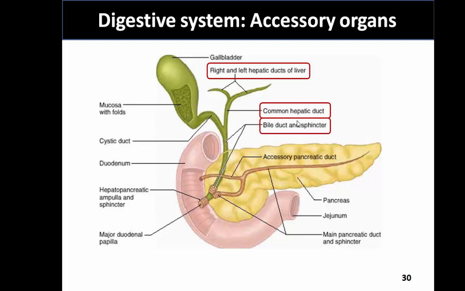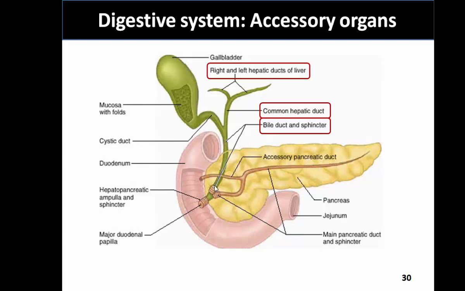The bile duct and sphincter is fusion of the cystic duct, which takes secretions, bile, stored in the gallbladder, and fuses with the common hepatic duct into what's called the bile duct. But the secretions are controlled by a ring of smooth muscle referred to as a sphincter.